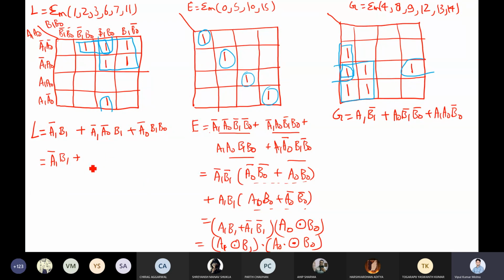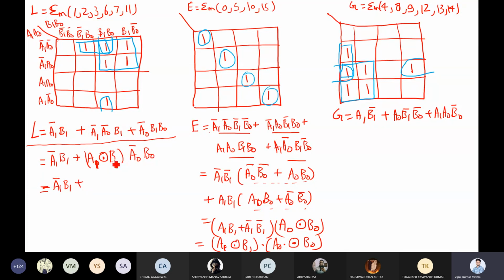So here I try A1 XOR B1 and A0 not B0. Right? First let me write it, then I will explain in detail. Then you will understand the things yourself. So let me write A1 B1.